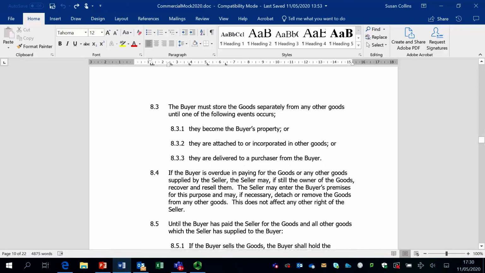As I say, the key one to talk about is clause 8. In order to answer that question well, you'd want to refer back to clause 6. A really good answer would have picked up the bit from the facts where they talked about financial difficulties and also referred to clause 10.